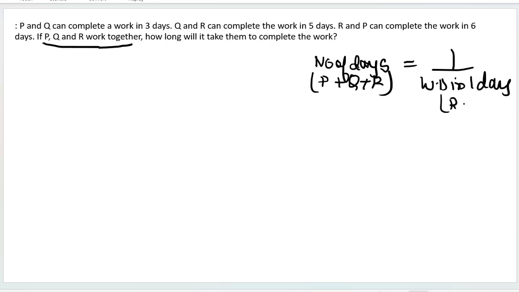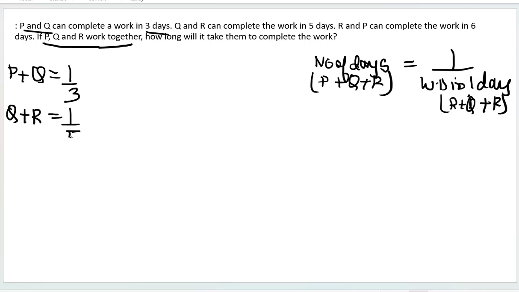So work done in 1 day will be again of P plus Q plus R. I have said P and Q can complete a work in 3 days. So P plus Q will be 1 by 3. Q and R associated number is 1 by 5. R and P, the associated number is 1 by 6. I want P plus Q plus R.